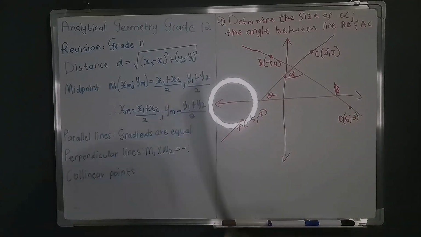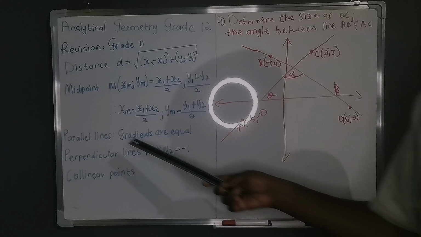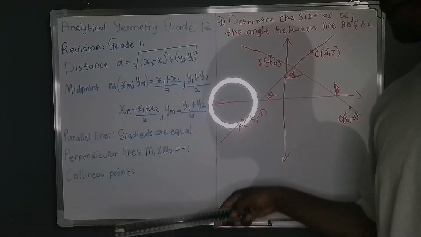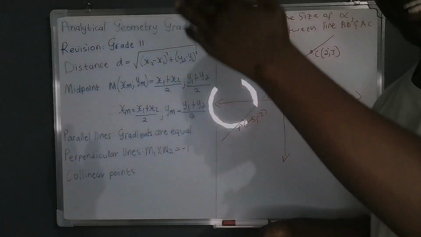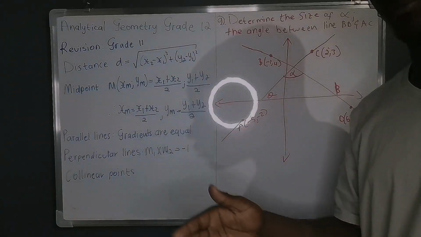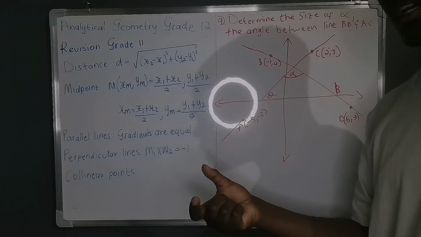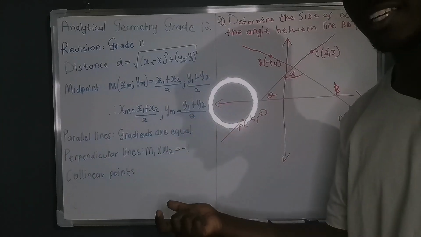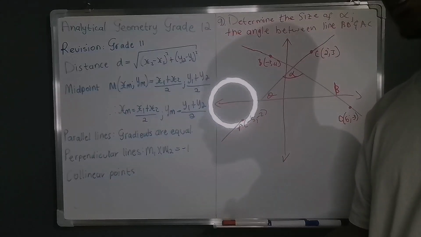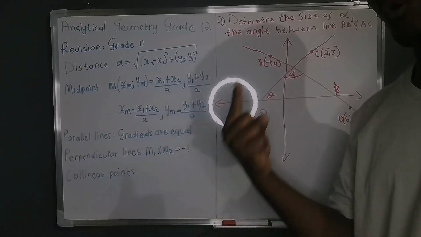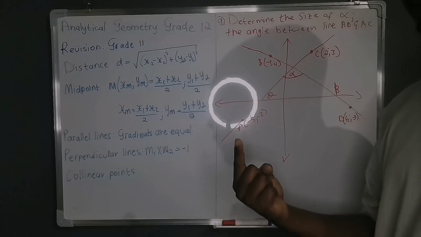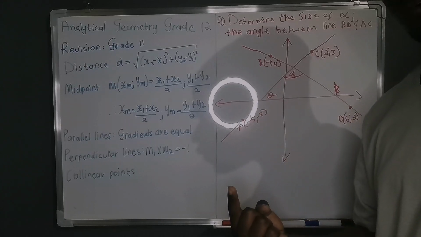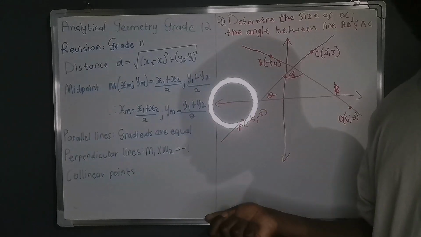And guys, sometimes in the examination they can provide you with the coordinates of the midpoint. They will say determine the coordinates in line AB, where C is the midpoint, and they will give you the coordinates of C and of B, but the coordinates of A they will not give you fully.